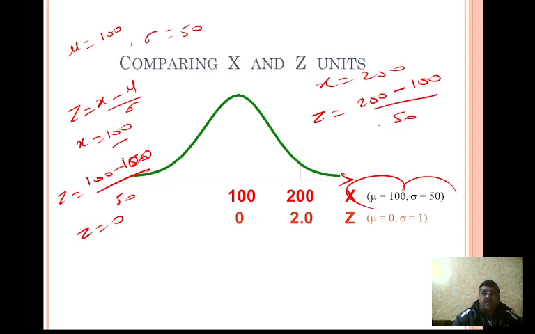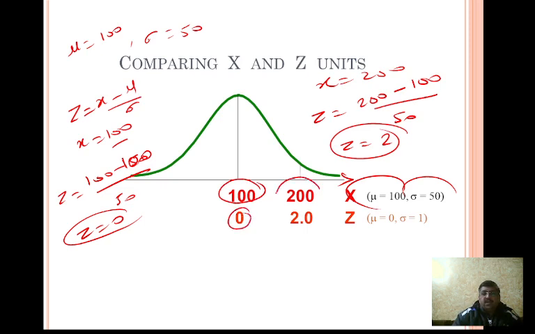So here you will get z equals 2, right? 0 upon 50 and here 100 upon 50. So z equals 0 and z equals 2, the boundaries, we got it. Now suppose we need to find the values under this area, that we will discuss in the coming videos. So hope you understand how for x equals 100 this z is 0, and for x equals 200 this z is 2.